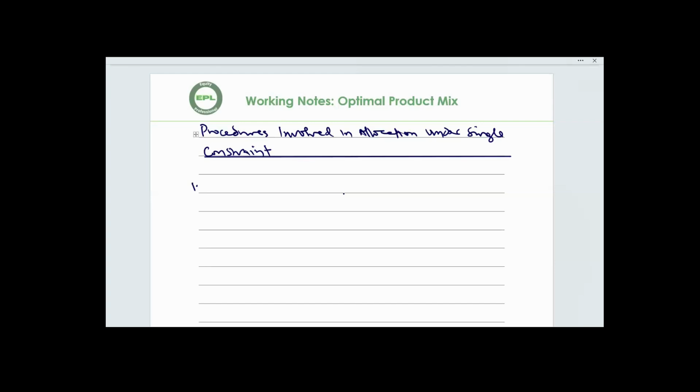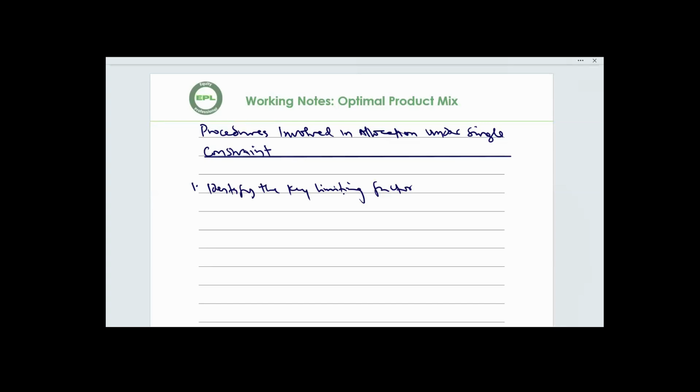Number one, identify the key limiting factor. When you are given a scenario question and you have to determine the optimal production plan or optimal production mix, all you need to do is go straight to the question and identify the constraint that has been given to you.